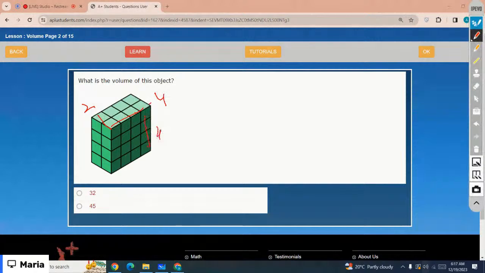So this way it is also 4. You need to calculate the volume. So for the volume, we have to do length times width times height. So you have to do 4 times 4 times 2. So 4 times 4 is 16 and 16 times 2 is 32. So the volume of this object equals 32. The correct option is 32.